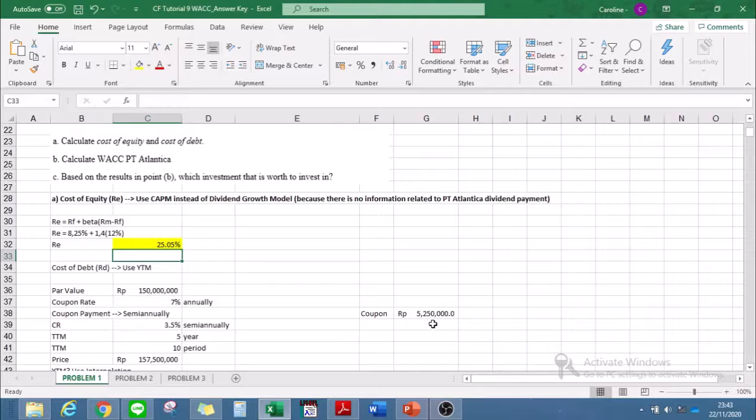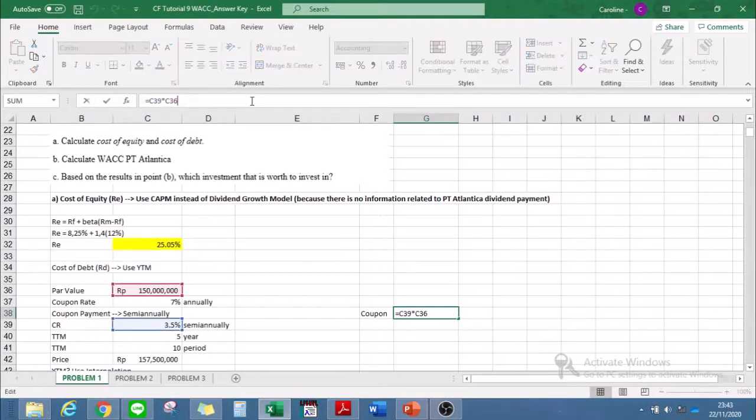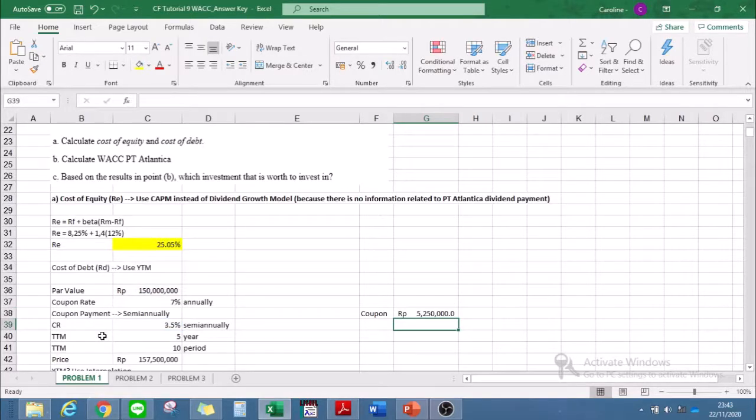Okay, and this is how much the coupon is. And the time to maturity, since it is still stated on an annual basis, you need to change that into the period basis. Since this is a 5-year bond, the time to maturity or the period itself is 10 periods.